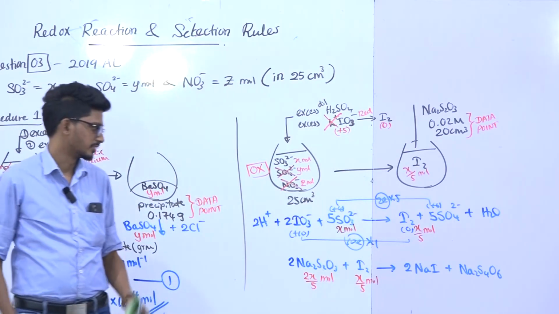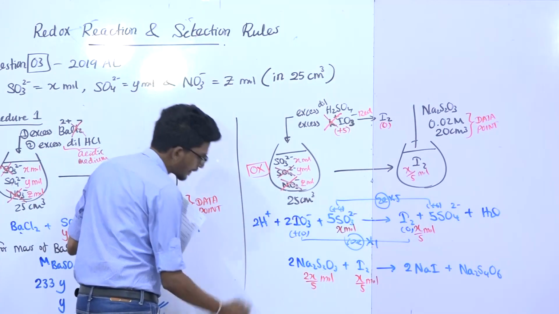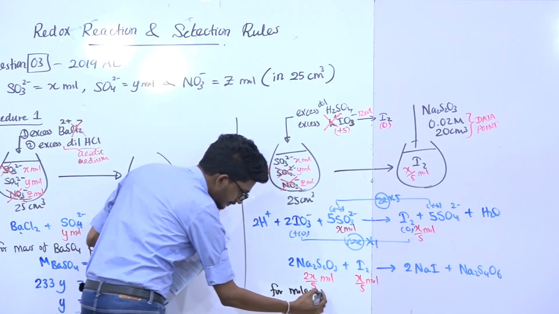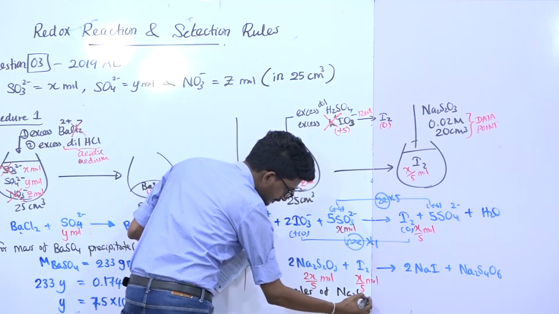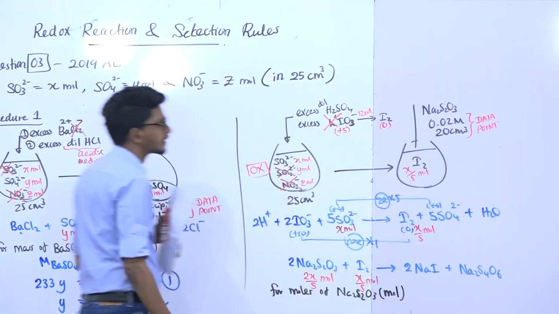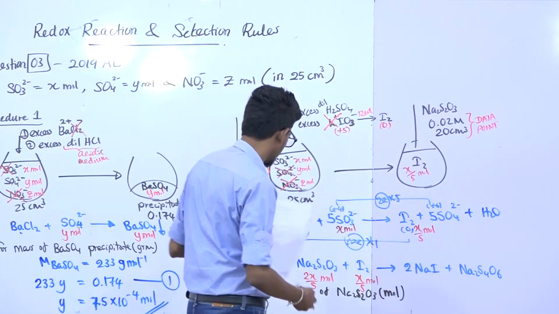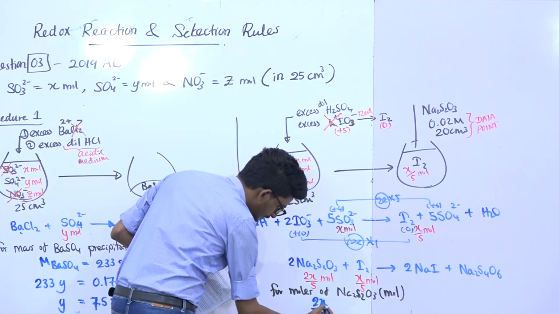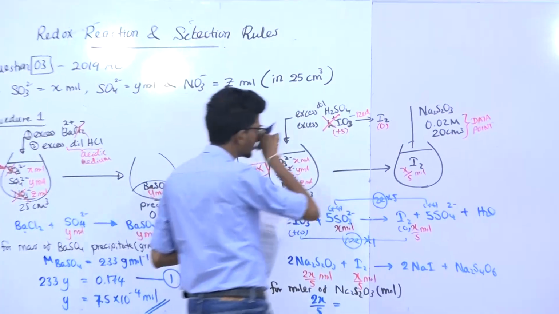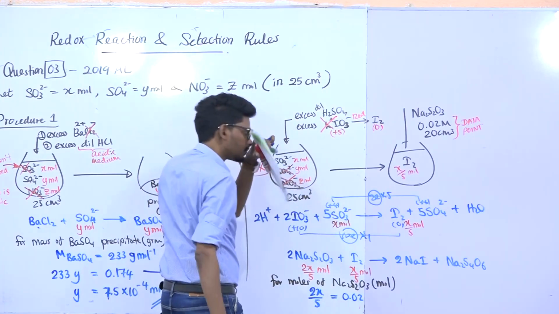So we can come up with the second equation now, right? That is for the moles of sodium thiosulfate. So it's going to be 2X over 5. This is the moles in terms of X unknown for thiosulfate, and this side it says 0.02 into 20, CV data. 0.02, no?